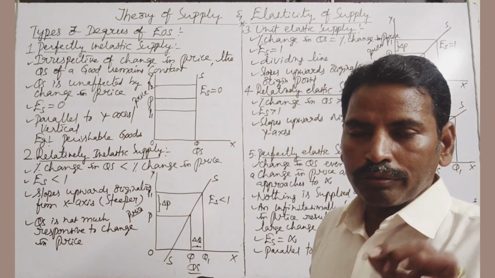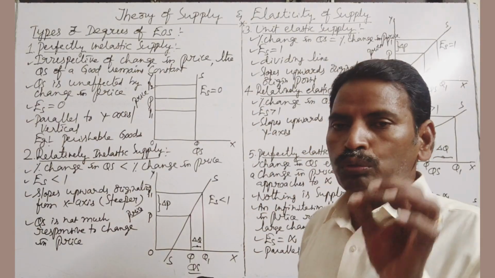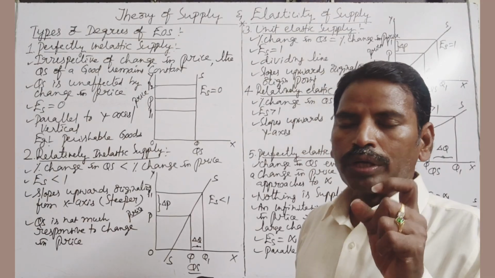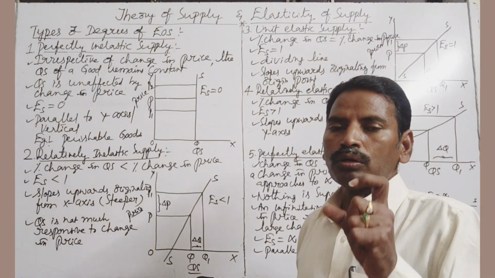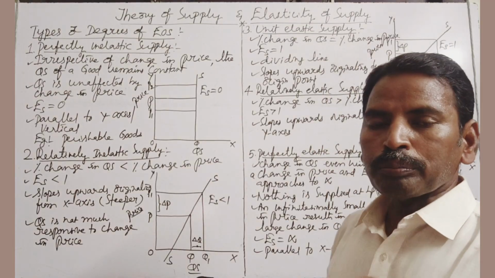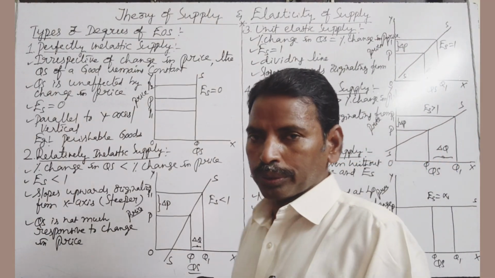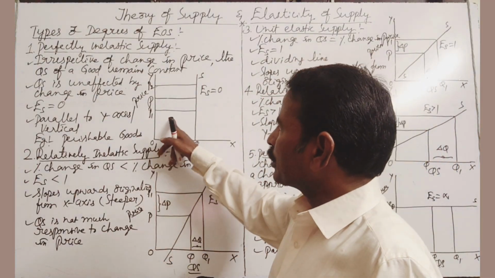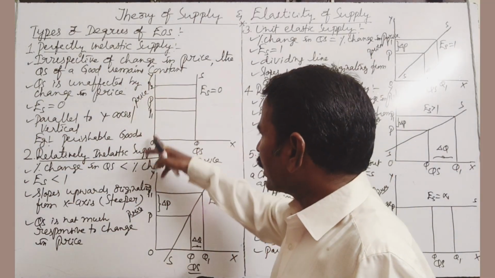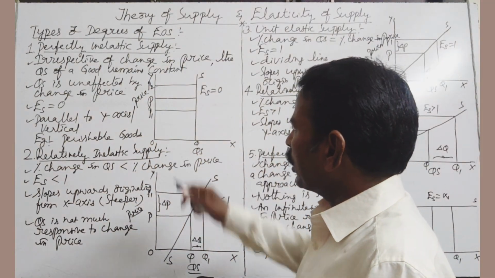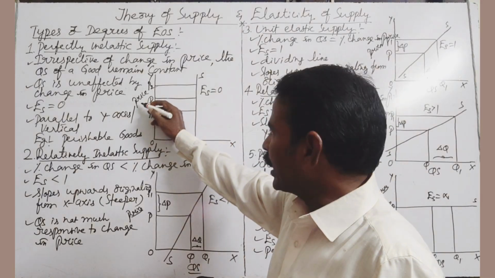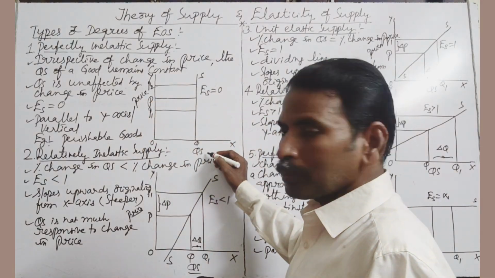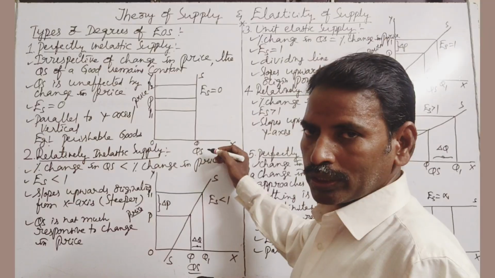So the supply curve is parallel to the y-axis, or vertical. Examples are perishable goods. If we observe the diagram, draw an L shape, mark YOX, price is measured on the y-axis, quantity supplied is measured on the x-axis.